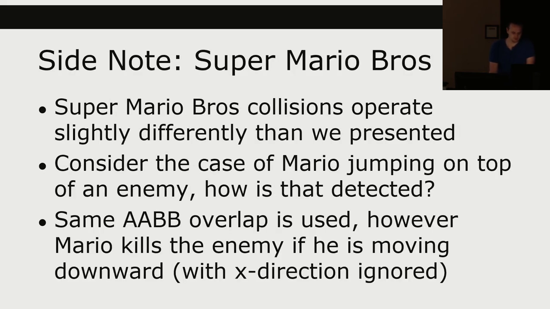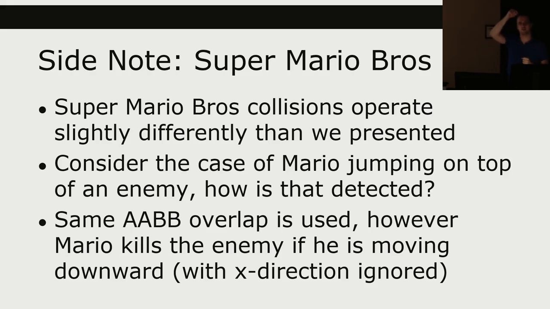A quick side note is that Super Mario Brothers collisions operate differently than what we presented. So let's detect, for example, if Mario is jumping on top of an enemy, right? So you may say, okay, if there's a collision in both the X and the Y, then there's a collision.